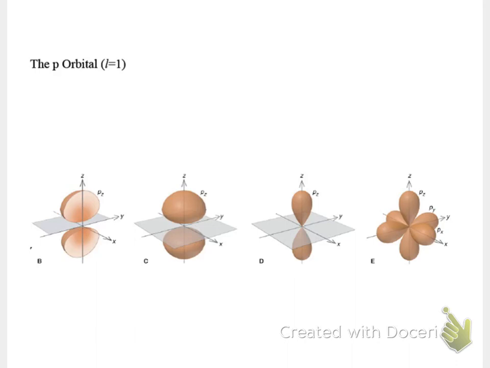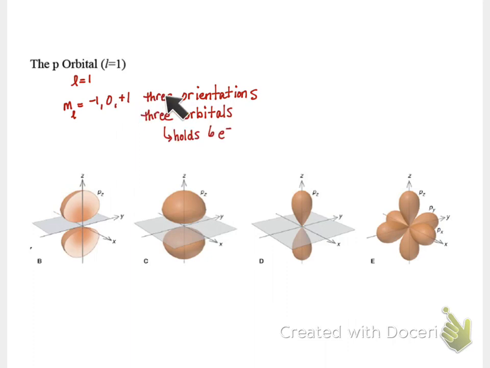Okay, for the next L, we call this the p orbital, and L equals 1. So ML is -1, 0, +1, which means there are 3 orientations, or 3 orbitals. Each one holds 2 electrons, so that can hold a maximum of 6 electrons.